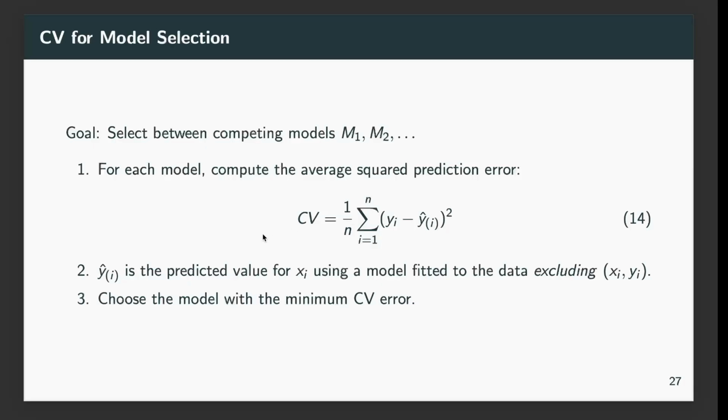Step 2 is that y hat is the predicted value of x using a model fitted to the data, excluding this one particular observation. And the third step is to choose the model with the minimum CV error. Among all of the candidate models, we select the one that achieved the smallest cross-validation score, which is the smallest average squared prediction error.